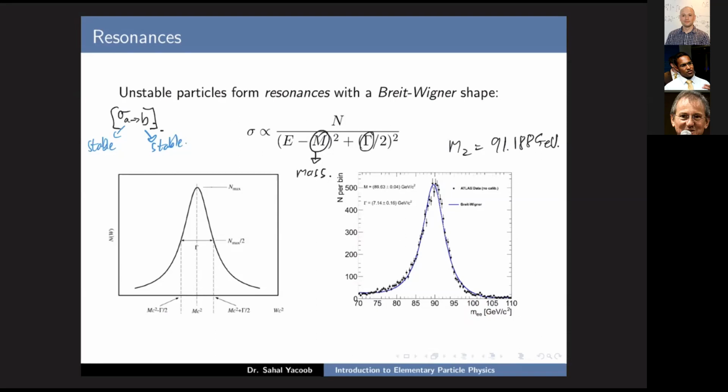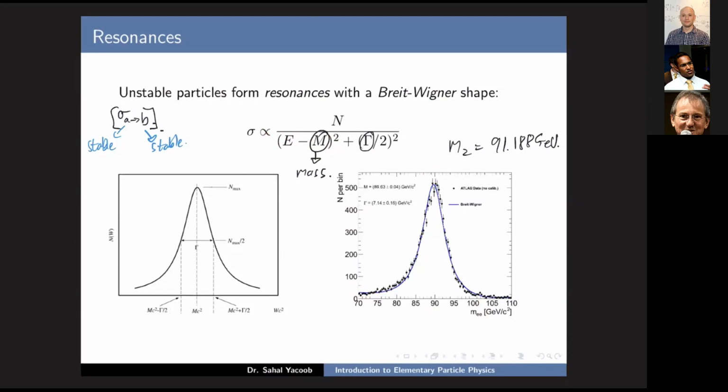And so if we look at our line shape expression, as the energy of this electron-positron pair approaches this number, this term in the denominator gets smaller and smaller and smaller, and we head up towards a peak, and we'll hit our peak at the mass of the Z boson.